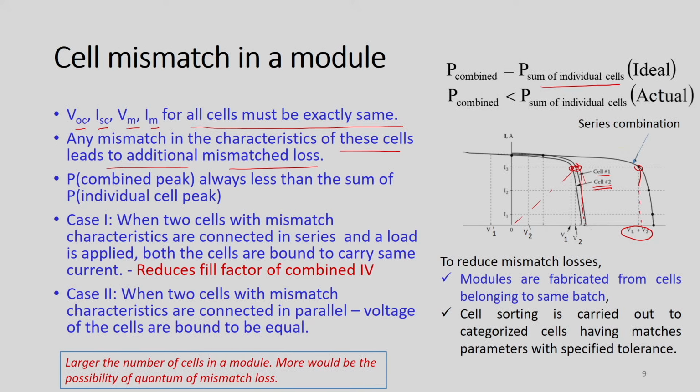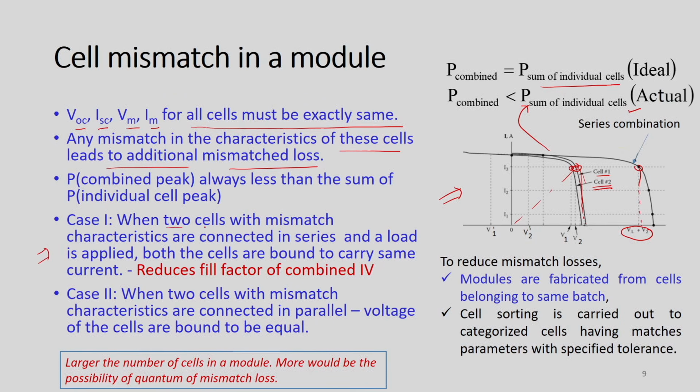So, if we compare two different cells with mismatched characteristics and we combine them, then we will have this situation: P combined is less than the sum of the power of the individual cells. This is what I am talking about for case 1.